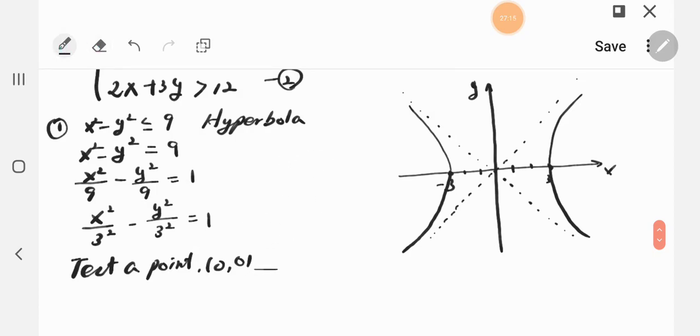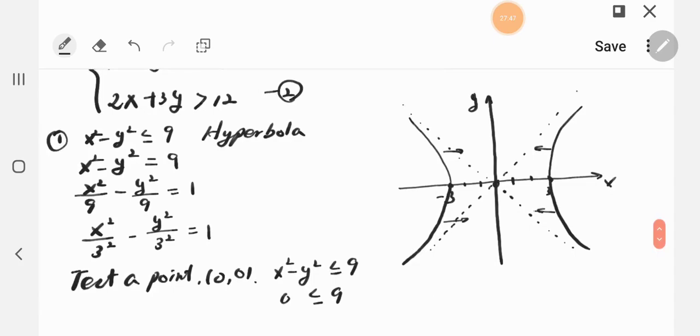From the inequality, x squared minus y squared is less than 9, 0 is less than 9. Is that true? Yes, so this is a solution. That means the inside, between the curves, is the solution area. So everything between the curves is the solution.